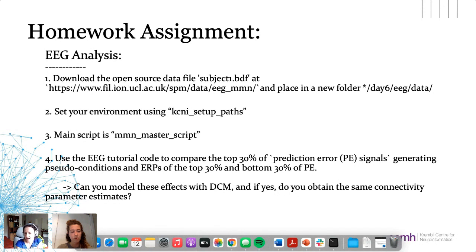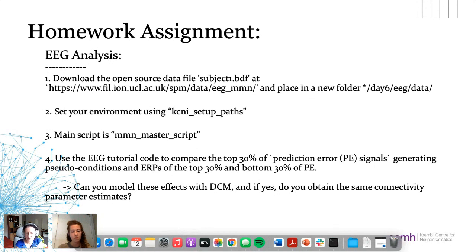I just wanted to highlight that what was modeled there was the effect of the deviant, which one assumes to be the effect of a surprise event that violates a statistical regularity. So this could be thought of as reflecting the impact of an incoming prediction error. And this is expressed through increased connectivity from A1 to STG and not from IFG to STG.